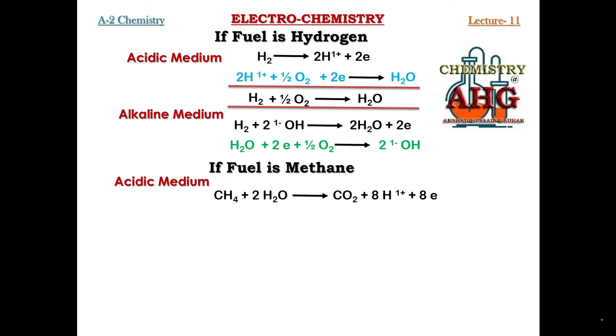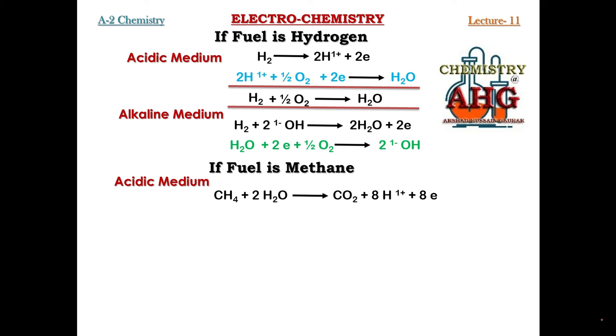So when we added 2 mole of water, oxygen is balanced, but how many hydrogen did we get in total on the left hand side? 4 plus 4, 8 hydrogen. So what does this mean? When there are 8 hydrogen, we would get 8 H+ ions. All the 8 hydrogen will undergo oxidation at the anode. 8 H+ ions will be produced, and that is why 8 electrons will be released by 8 mole of H atom.